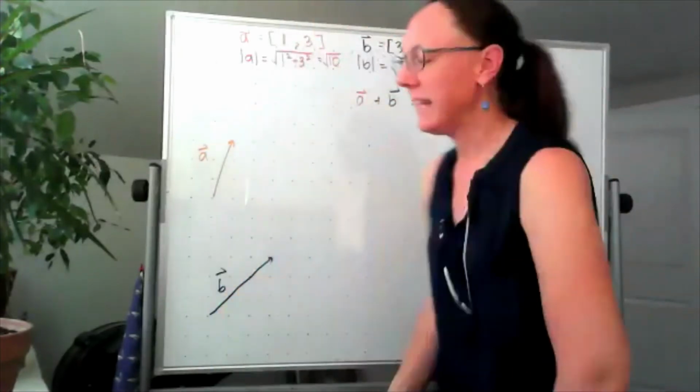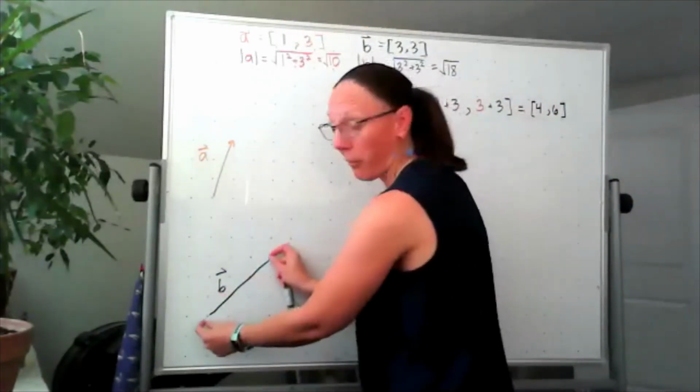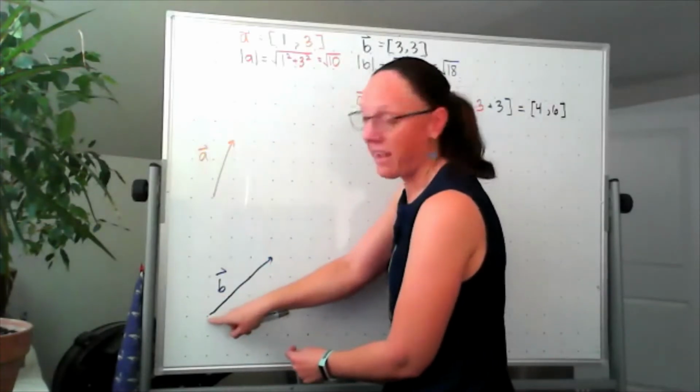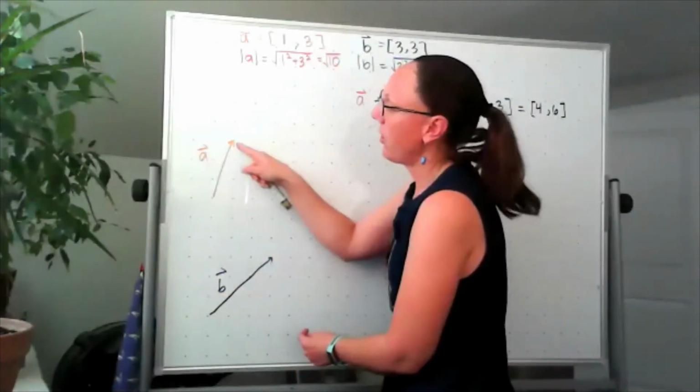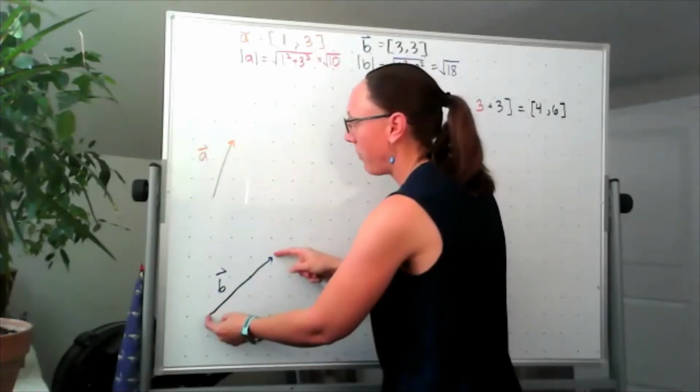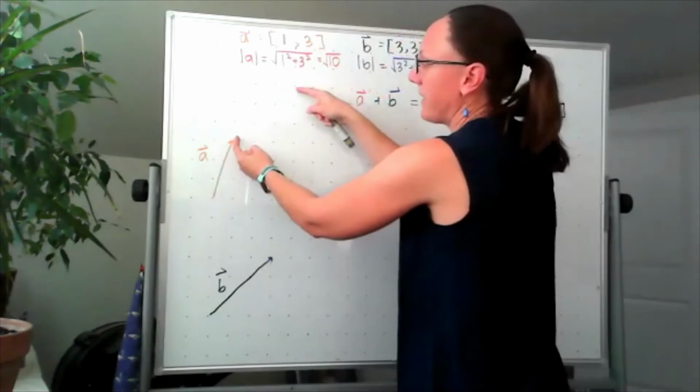Now visually, to get that vector from graphing, we say that we add vectors head to tail. What that means is I'm going to pick this vector B up, and I'm going to put the tail of that vector on the head of the first vector. So I'm going to pick this vector B up, and I'm going to set it down right here.